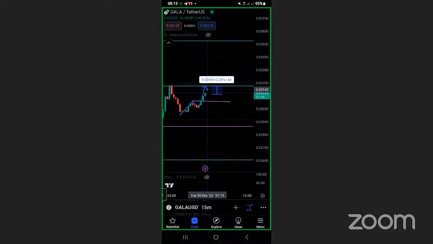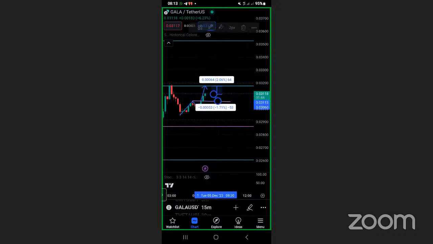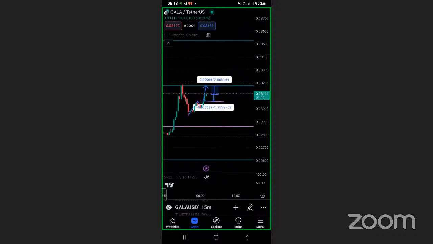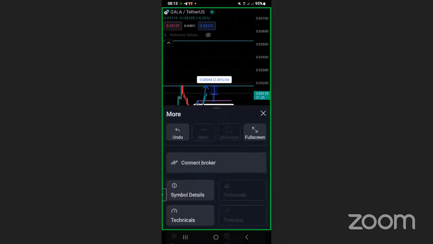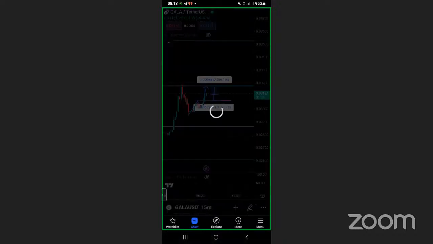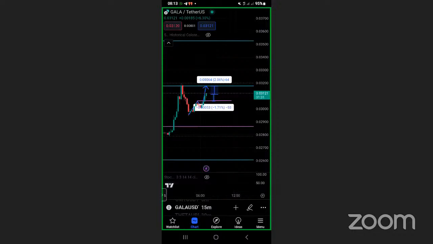Just pick a price range, put it there, and then measure downwards. That becomes your first mini support. So the 1.7 becomes the margin call graph for the first call.